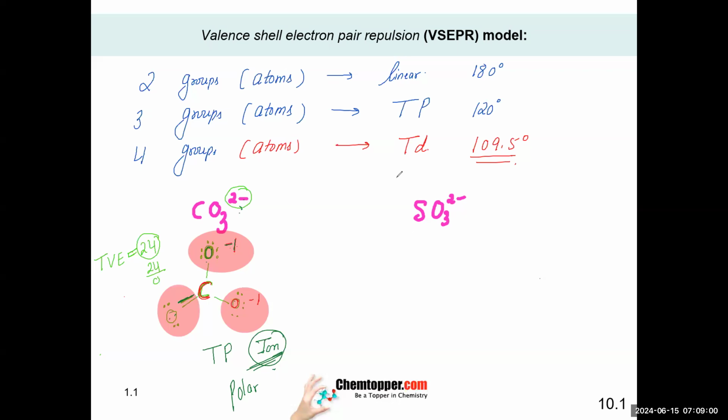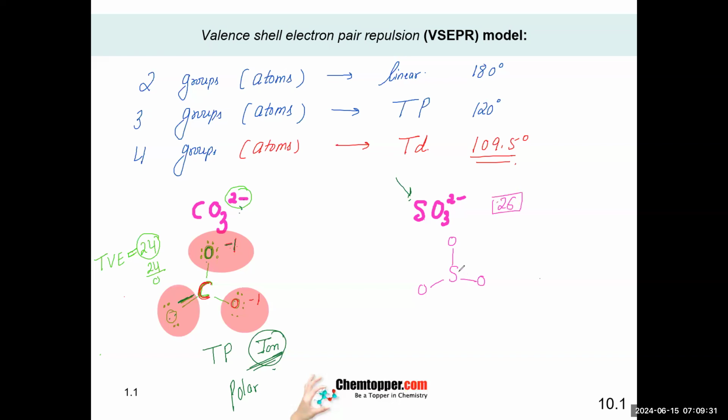Can we do this one? Central element, skeleton, total valence electrons. Is it 32? No, 26. Yes, 26.